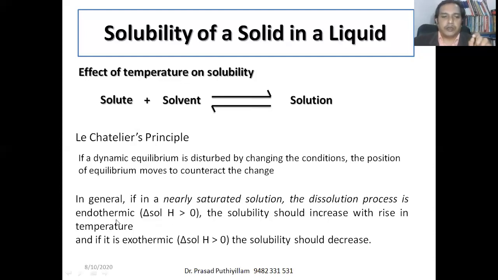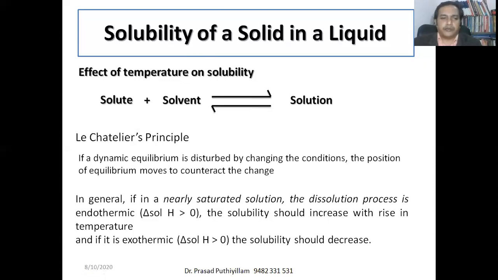Okay, so whatever temperature-related things we have to represent in terms of enthalpy. So H represents enthalpy. Therefore, for an endothermic dissolution, delta solution H is greater than 0. Okay, the enthalpy of dissolution is greater than 0. That is what we call endothermic. That means it takes heat from an external source.